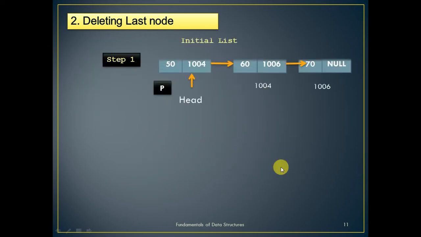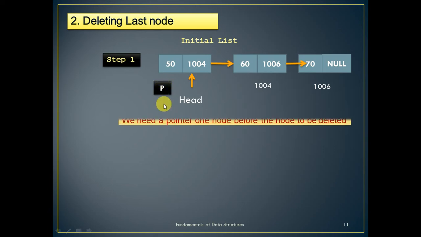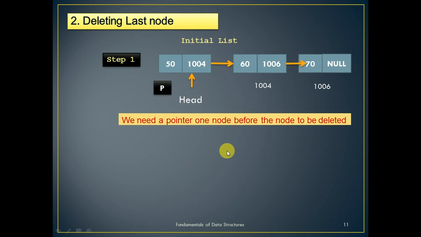Suppose in step 1, this is our initial list. Step 1 says to set one pointer variable p at the node before the node we have to delete, that is the last but one node.